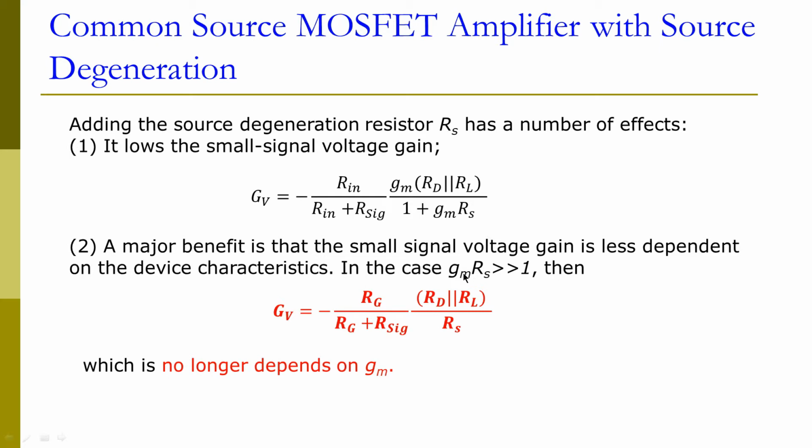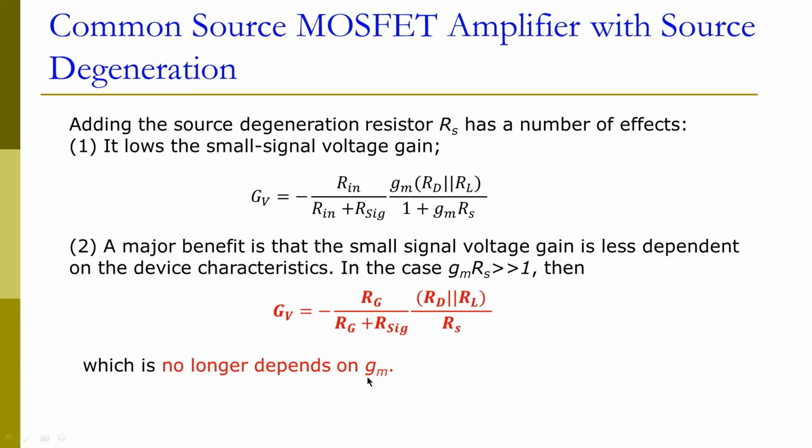For example, if our gm Rs here is large enough, much larger than 1, then we will be able to neglect this 1. Once this is neglected, we can cancel this gm from the numerator and the denominator. Now we end up with the overall small signal voltage gain only governed by those resistors in the circuit.